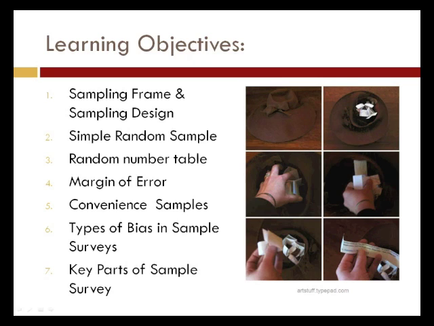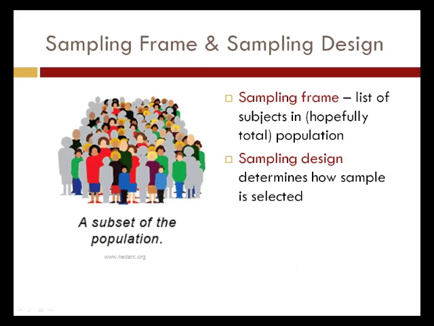So a sampling frame is sort of like a list of your entire population, or at least that's what you want it to be, because if you have a list of your entire population and you're drawing at random from that entire population, you're getting a really, really good sample.